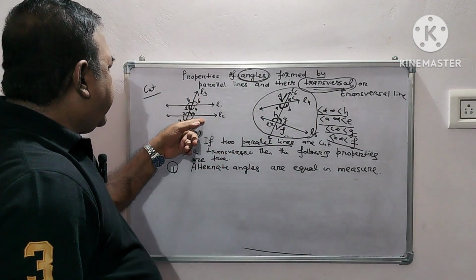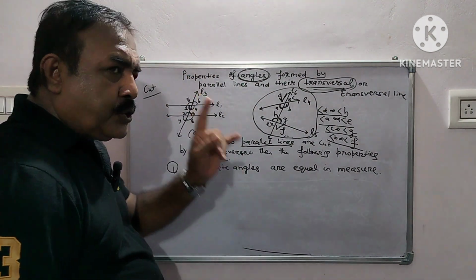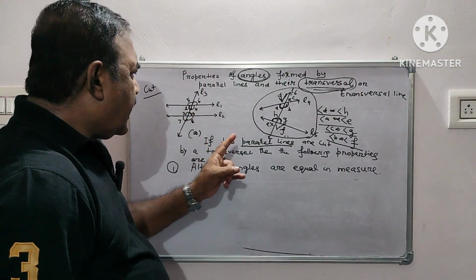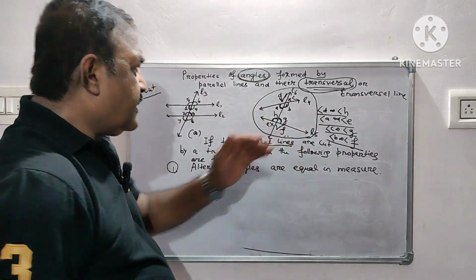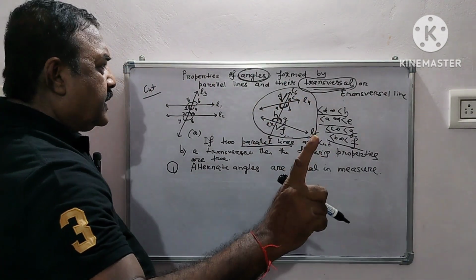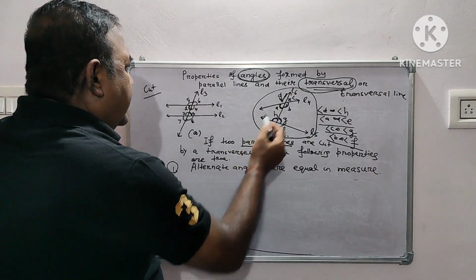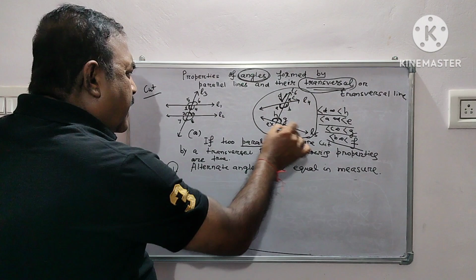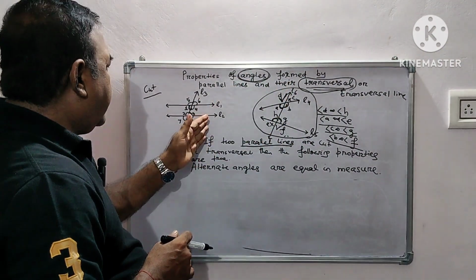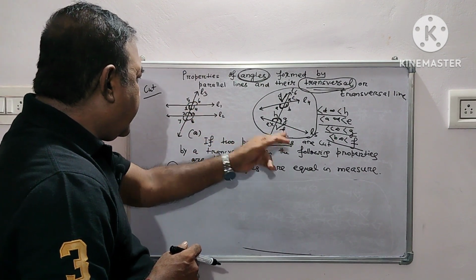So two parallel lines should be cut by a transversal, then it is true that the alternate angles are equal in measure. Here the alternate angles are not equal in measure. So why? Because here two non-parallel lines are cut by the transversal. But here these two lines L1 and L2 are two parallel lines.